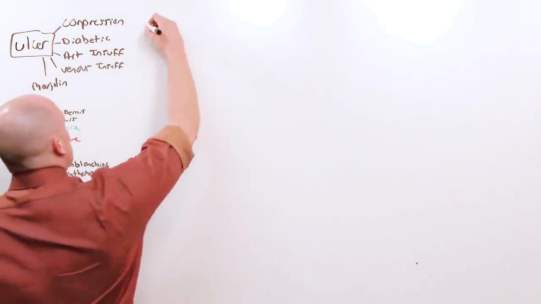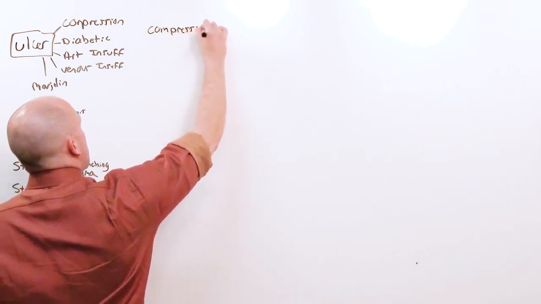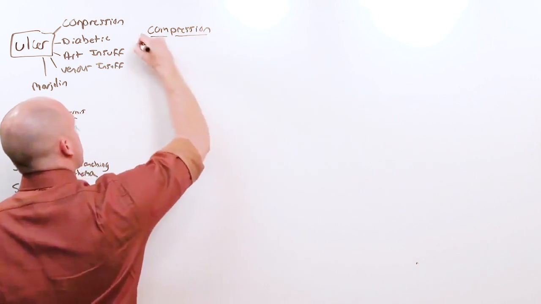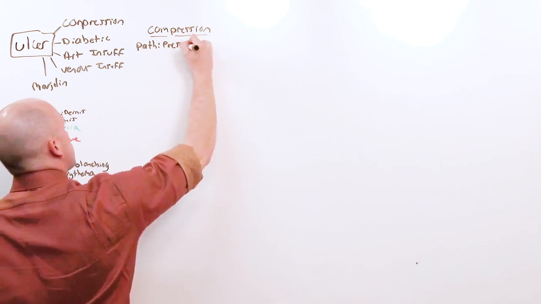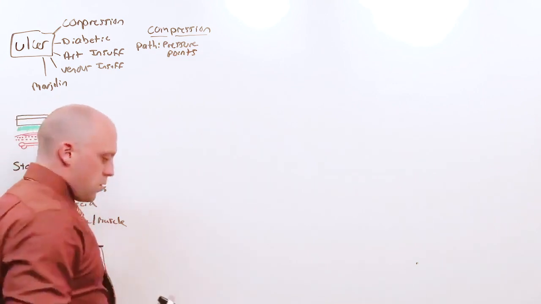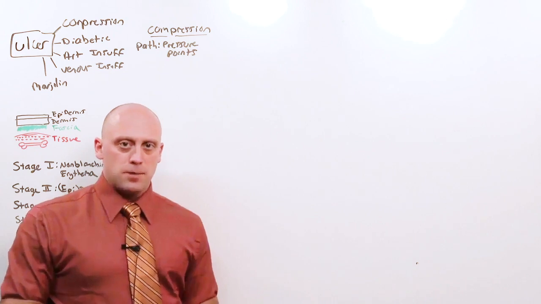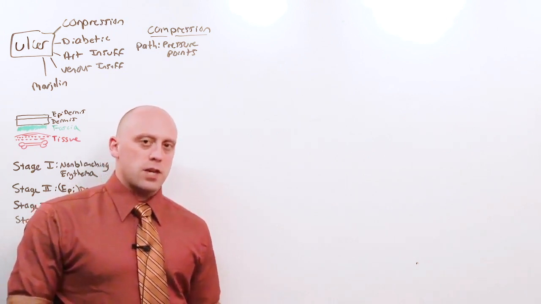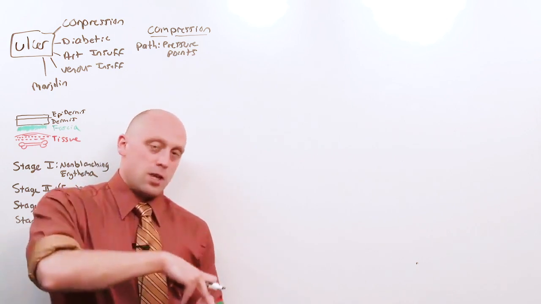The first ulcer we're going to talk about is compression ulcers. And these are big no-nos. The pathology has to do with pressure points. If you lay still or sit in exactly the same spot, regardless of how soft that cushion you're sitting on is, you are putting pressure on the skin.